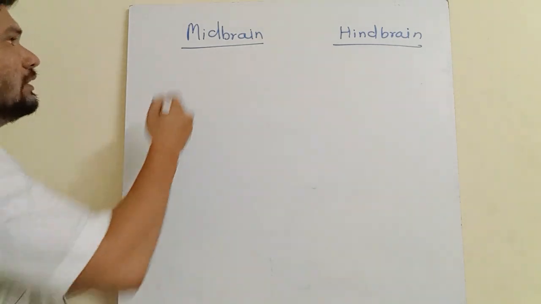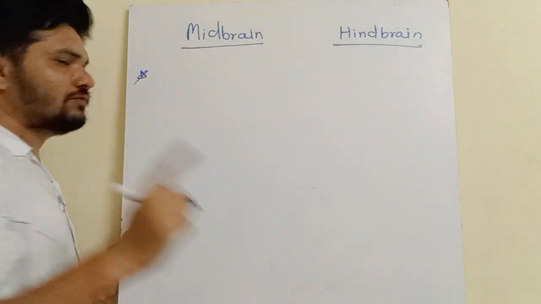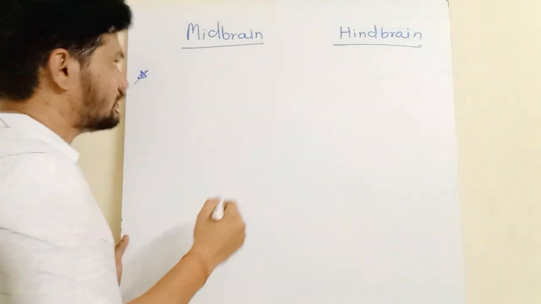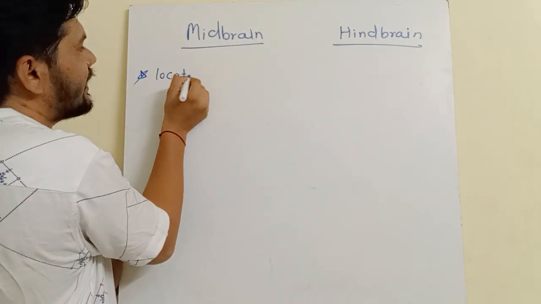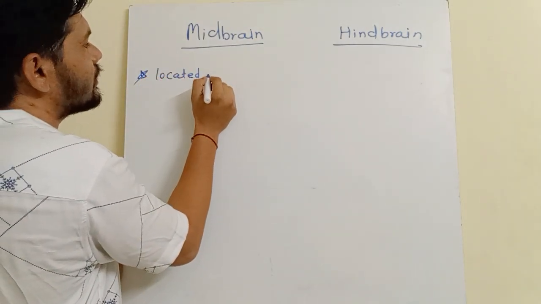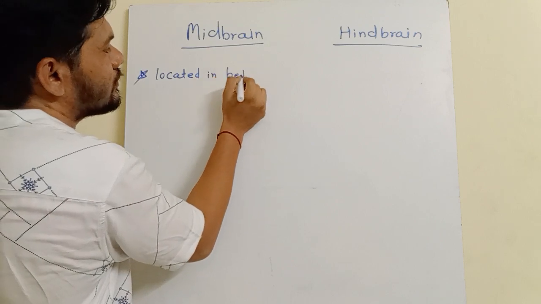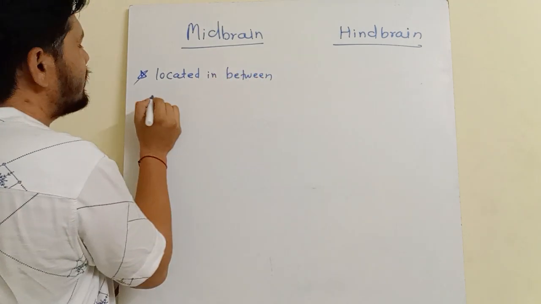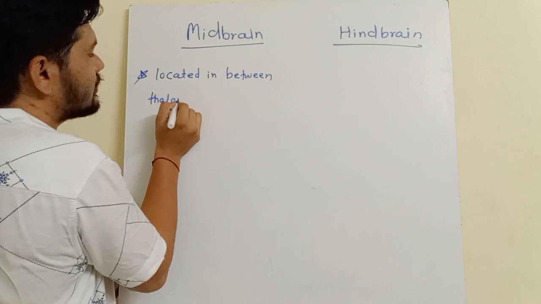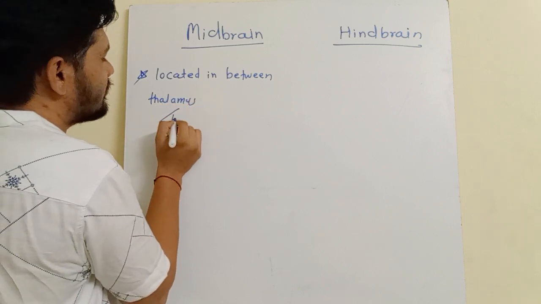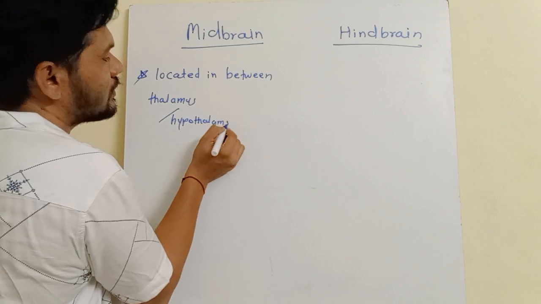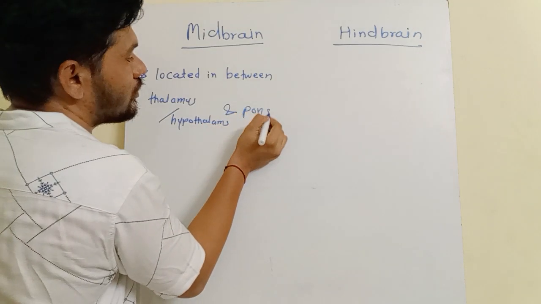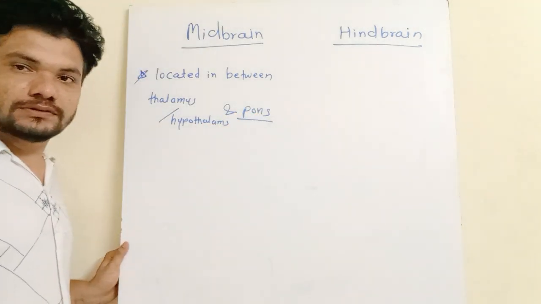So first of all, you have to remember in midbrain, the first thing about its location. Midbrain is located in between the hypothalamus, thalamus, and pons, which is a part of hindbrain.